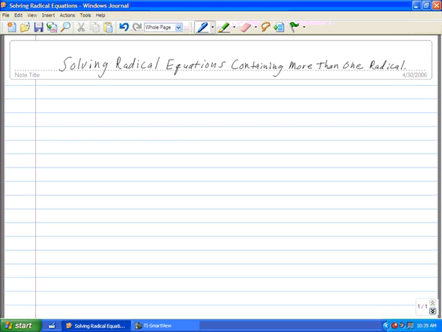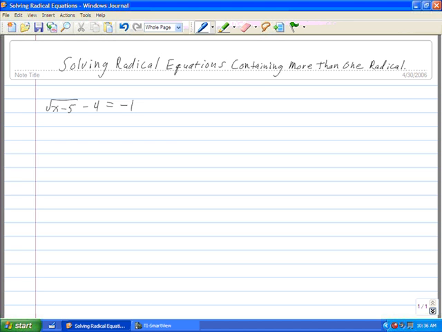Now let's start with an example of where we have just one radical instead of more than one, just to go back over the steps that we've talked about before. Let's say we have the square root of x minus 5, minus 4, equaling a negative 1.